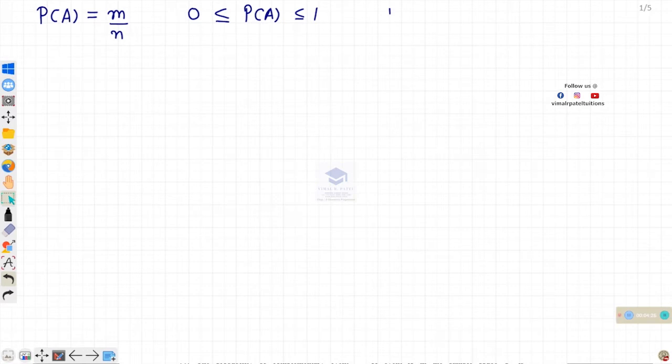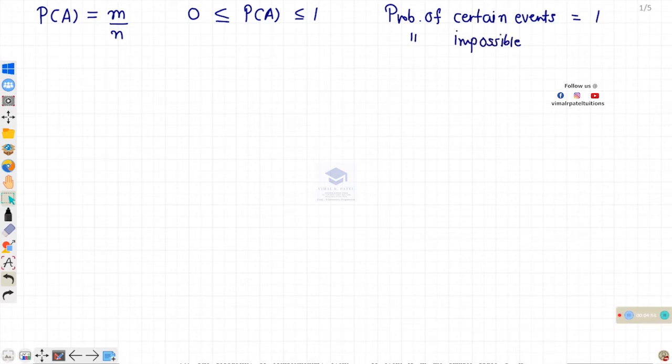Because probability of certain event will be always 1, and probability of impossible event will be always 0.